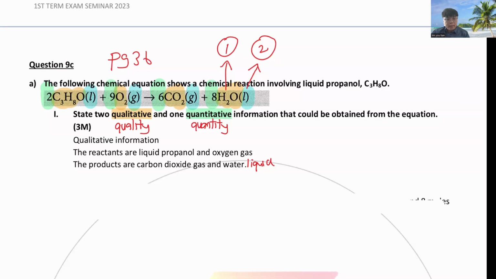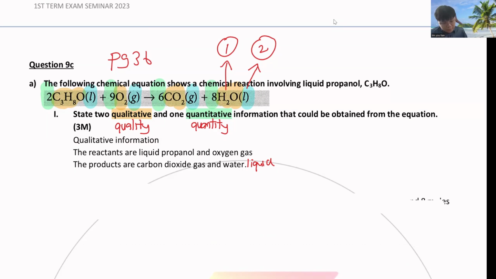You need to say that I can see it is oxygen gas, water liquid, carbon dioxide gas, all this. This one is very simple and easy marks. Okay, so this is the qualitative part.